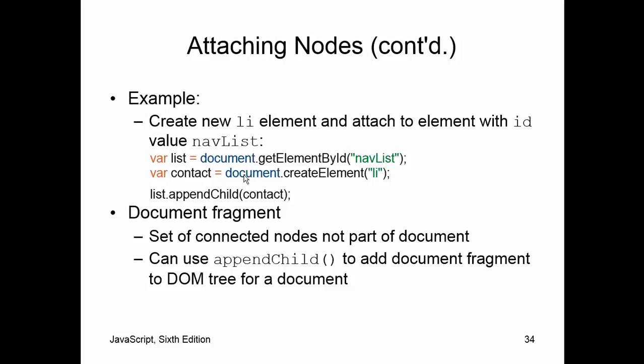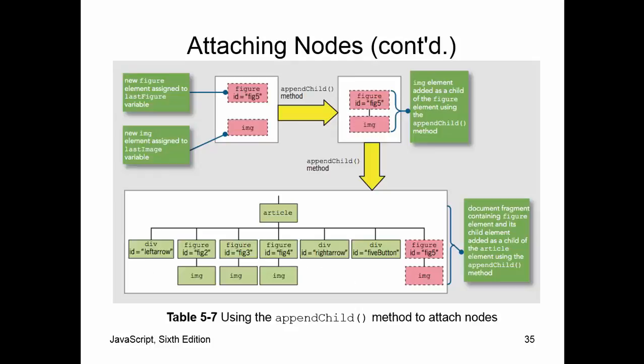A document fragment is defined right there as a set of connected nodes not part of a document. So again, you've created them, but you have not yet linked them up with the DOM. So you use appendChild to add document fragments to a DOM tree for a document. They're showing it here.